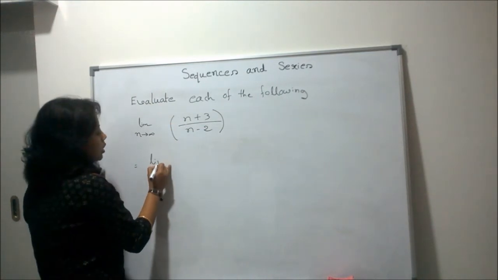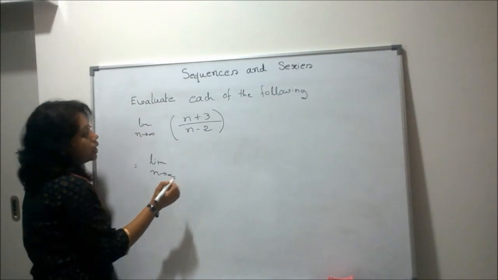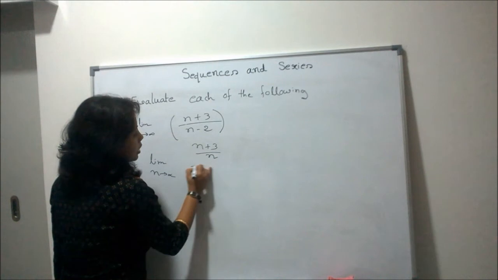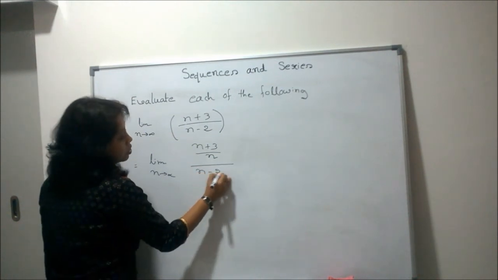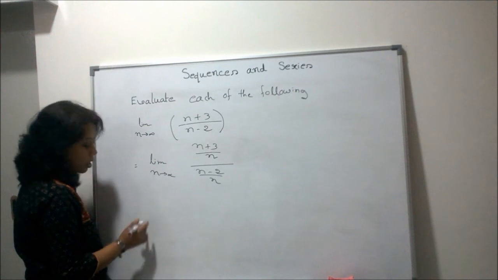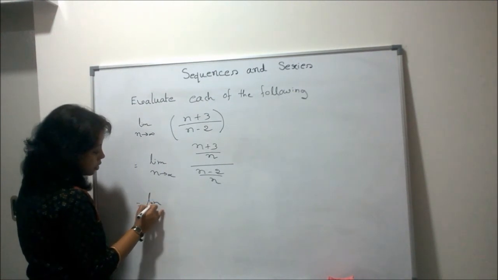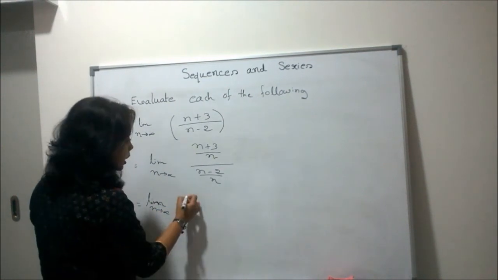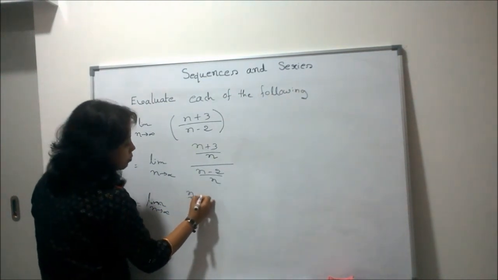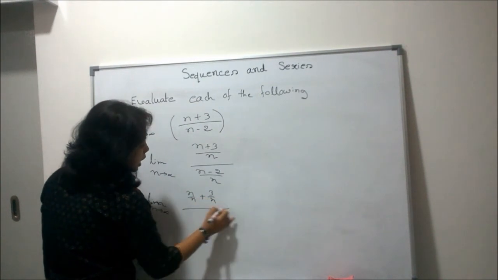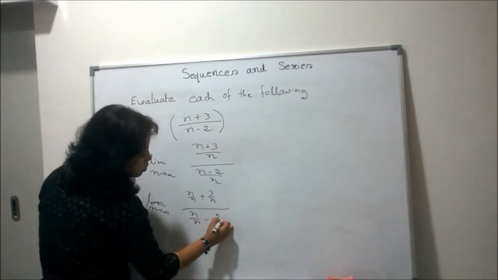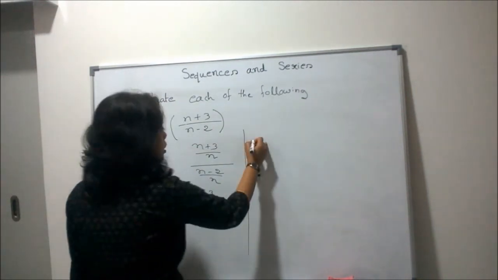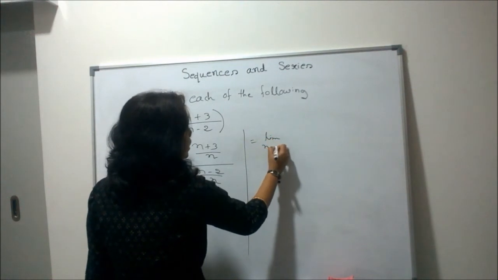So limit n tends to infinity, if we divide by n, we get n by n plus 3 by n in the numerator, and n by n minus 2 by n in the denominator.